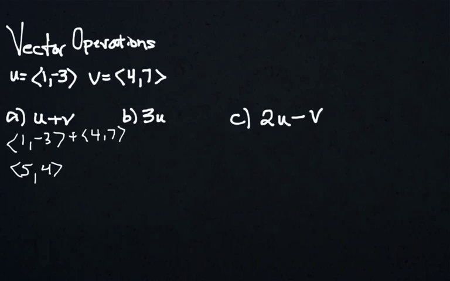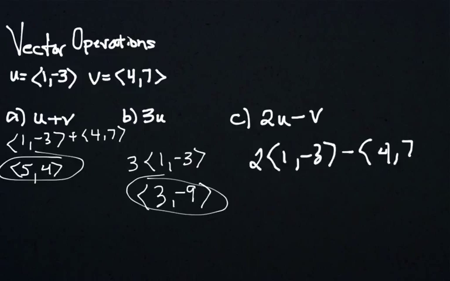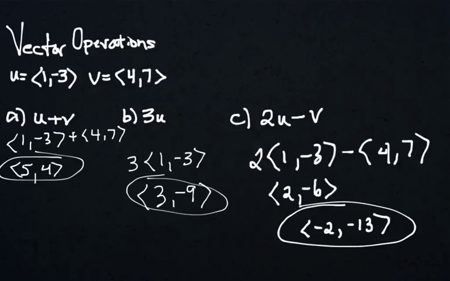If we continue in this, here are the answers. What you see on the screen is literally just order of operations. Look over here at this one. The more important part is when I look at part C, you see 2u minus v.